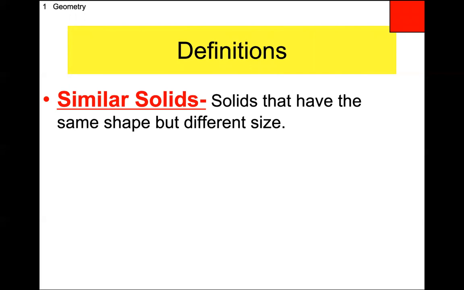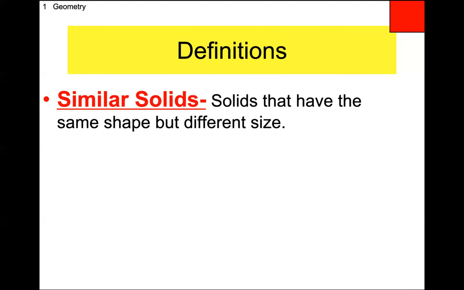All right, some definitions to start off. So we've had similar polygons before, similar triangles, similar quadrilaterals. We have that before. But today we're doing something called similar solids. Well, as the name would imply, it's the same basic concept as similar polygons or similar triangles. It's just that it applies to 3 dimensions. So these are solids, fancy word for 3-dimension, solids that have the same shape but a different size.